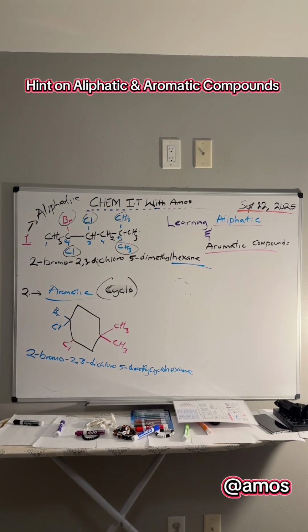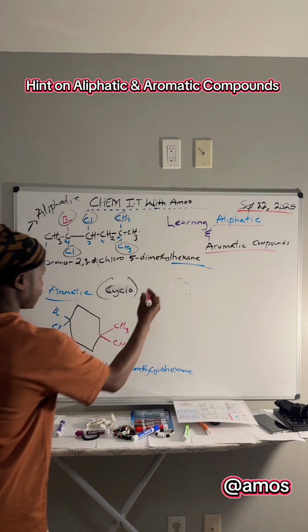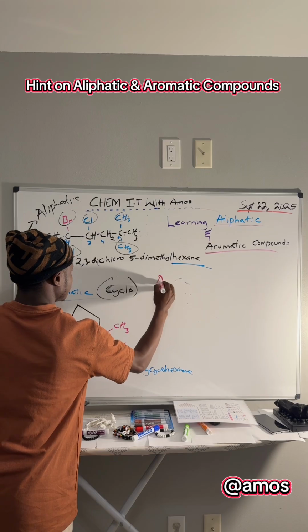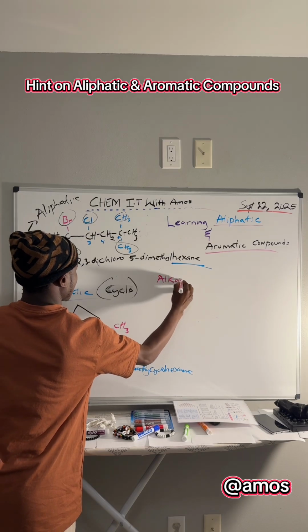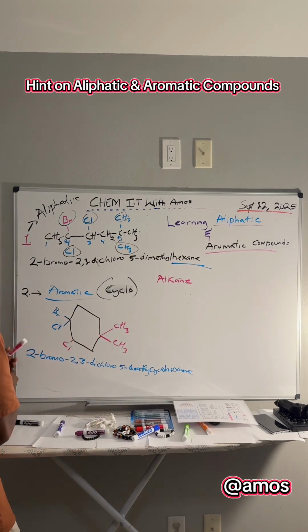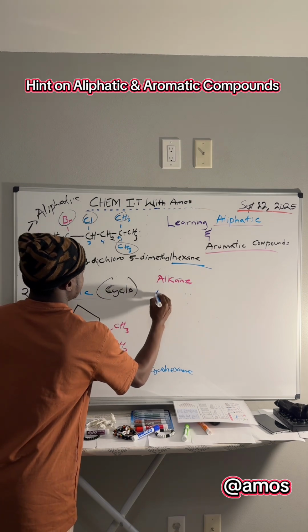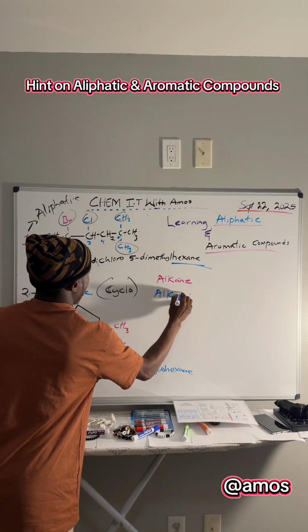The next thing you should try to understand again is alkane and the alkyl group. So we have alkane, and we have alkyl.